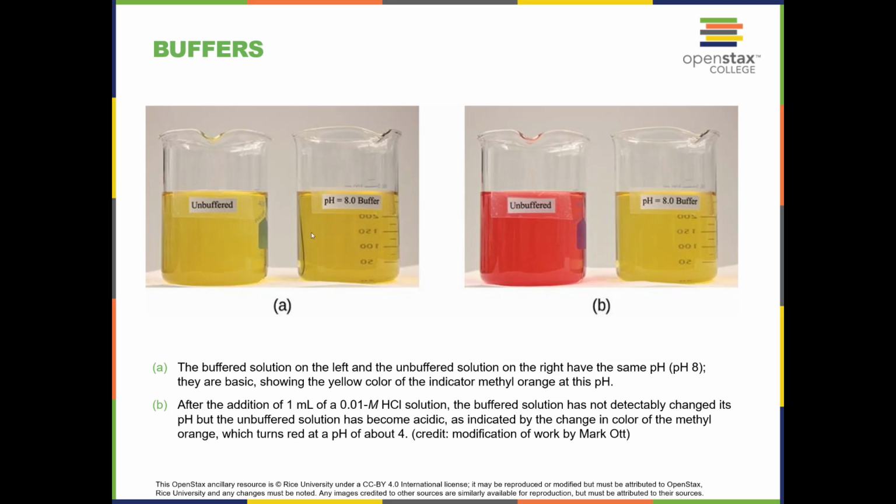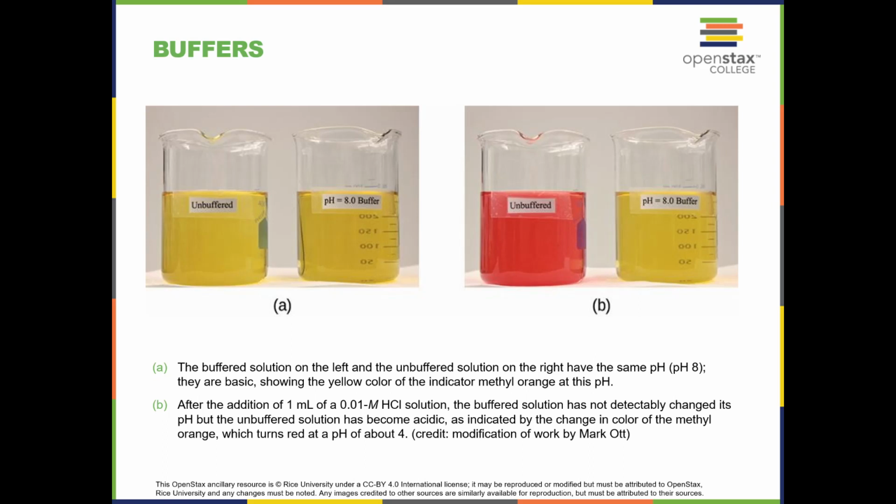What you'll notice is that in the buffered solution, the methyl orange stays yellow because the buffer minimized the change in pH. There was a relatively small change in pH. But the unbuffered solution didn't. So the unbuffered solution didn't resist a change in pH, and it went from the yellow color to this red color as shown here. So this basically shows us that the buffer is able to resist a change in pH visually, and the unbuffered solution is not.